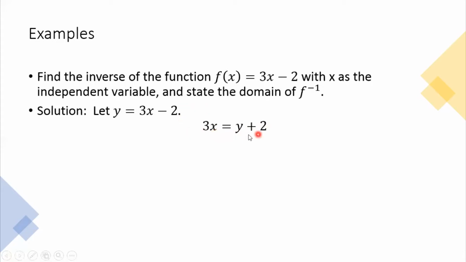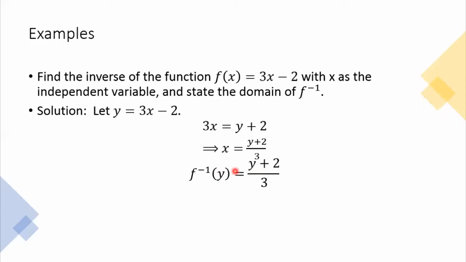So we have 3x is equal to y plus 2. And then, since we want to solve for x in terms of y, we divide by 3. So we have x is equal to (y plus 2) over 3. This is actually our f inverse of y is equal to (y plus 2) over 3.